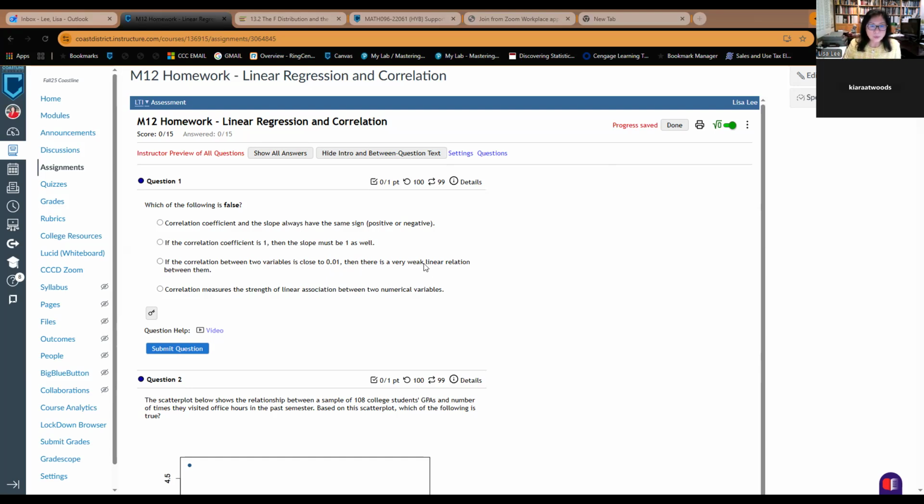So this one is very weak because it is very close to 0. And the correlation measures the strength of linear association between two numerical variables. That's correct. So the only thing wrong is the second one, right?